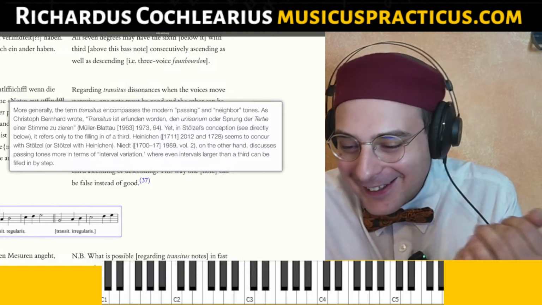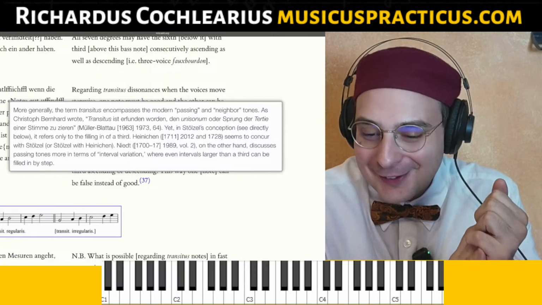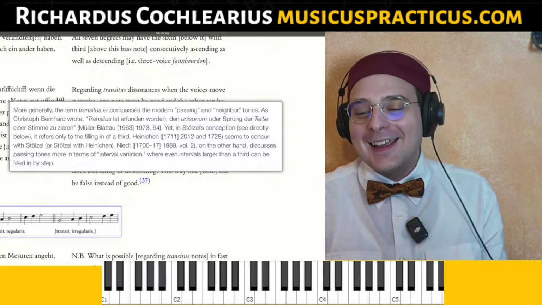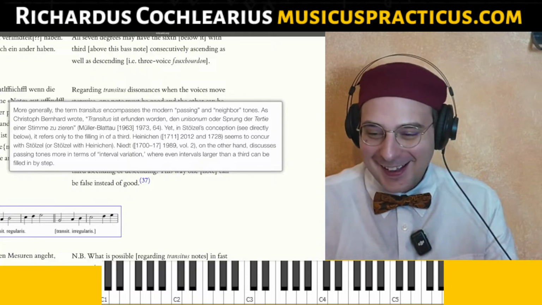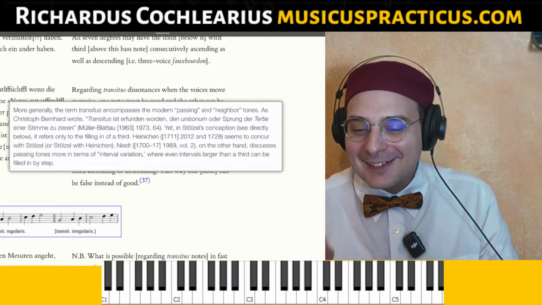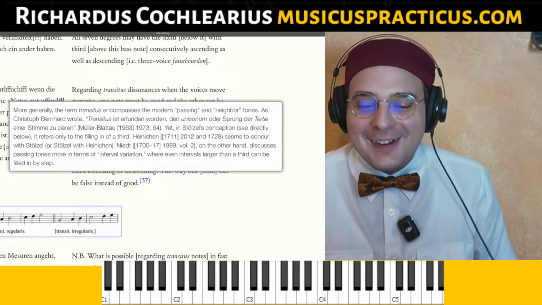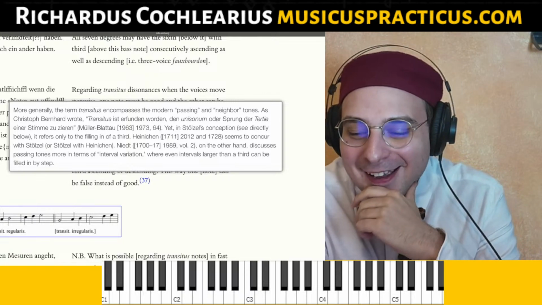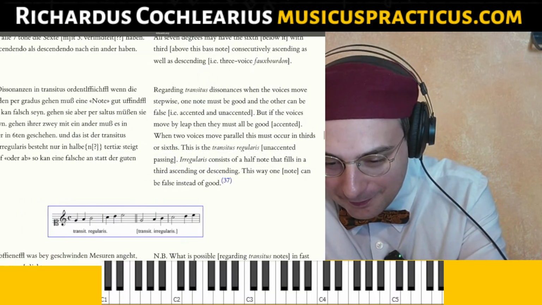Okay. Nit, on the other hand, discusses passing tones more in terms of interval variations, where even intervals larger than a third can be filled in by step, right?